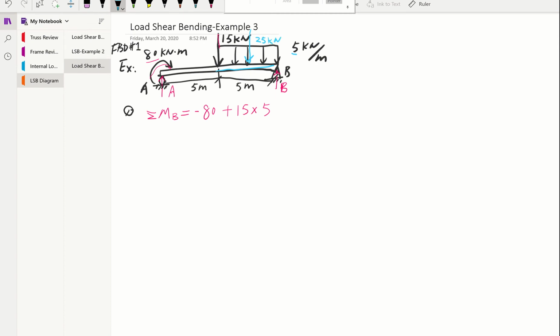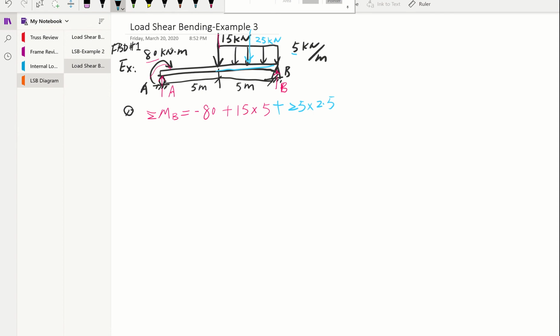That's our 25. Then it's right in the middle, so it's going to be 2.5, half of the 5 meters right here. Then that's counterclockwise, so that's going to be positive.